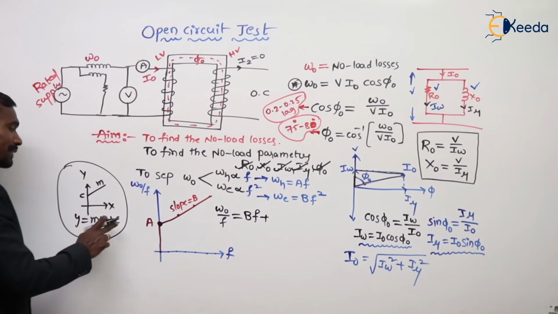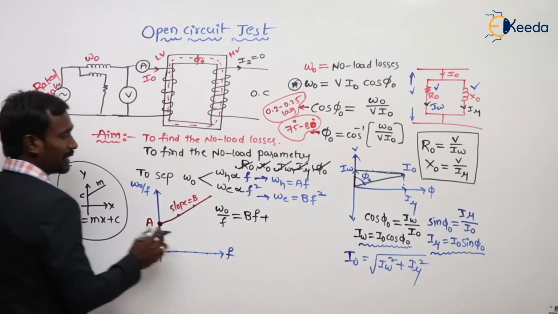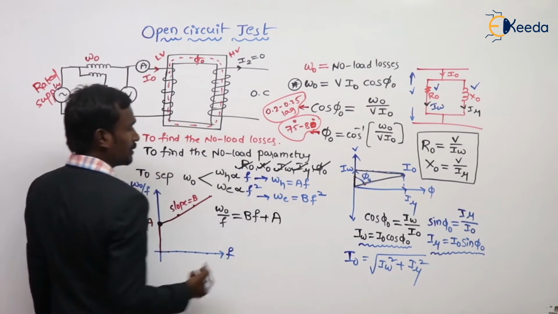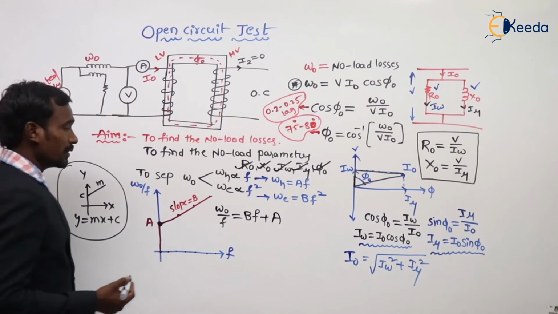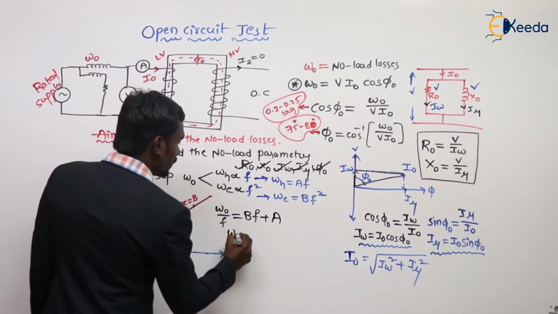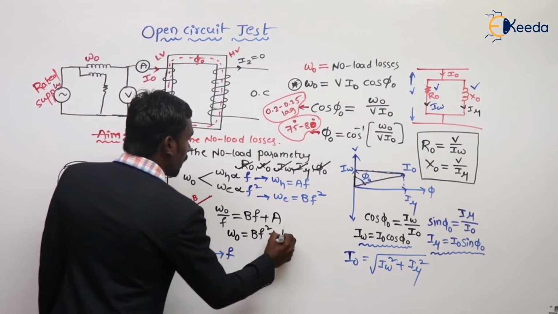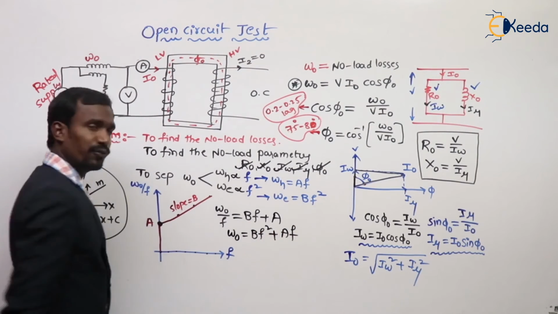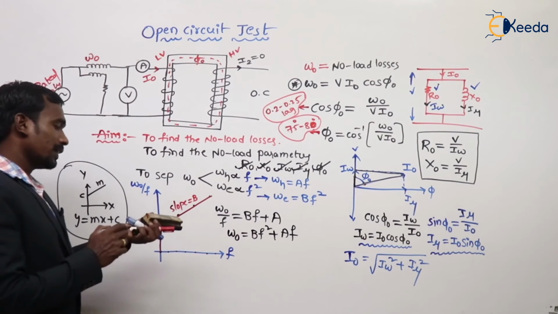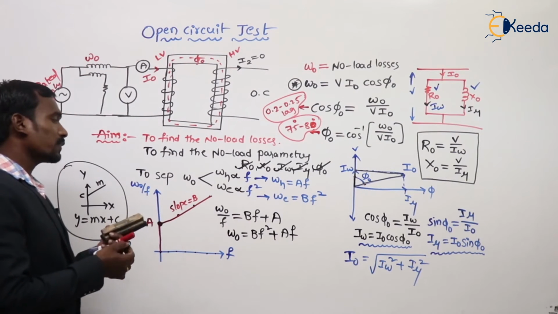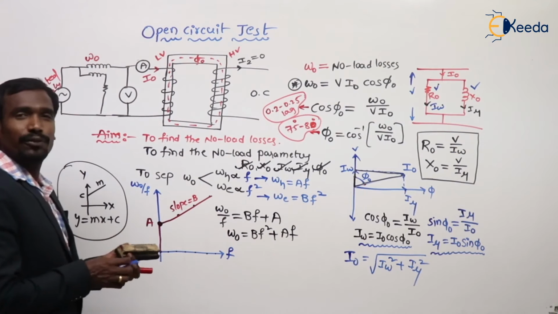What is the constant here? Here the constant is a. Then W naught is equal to b f square plus a f.